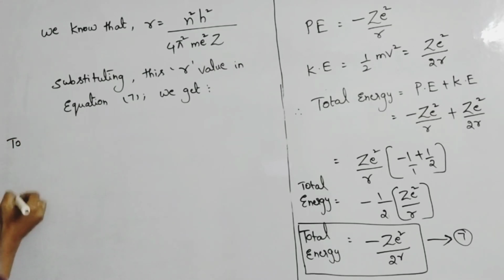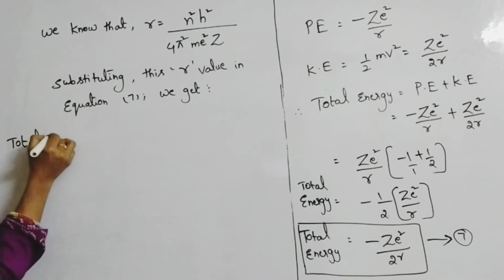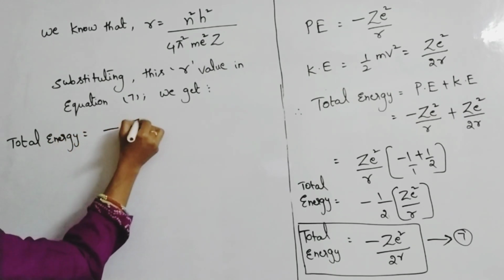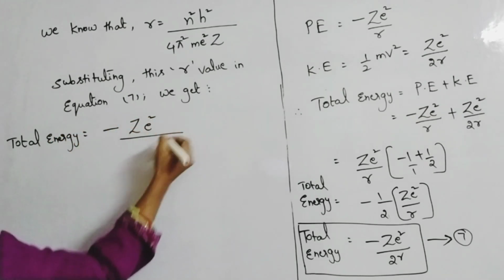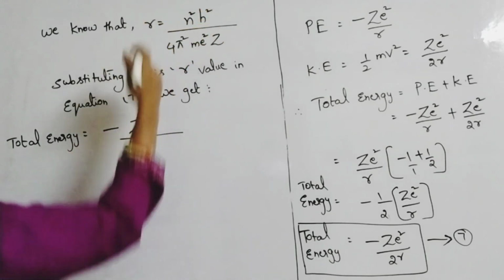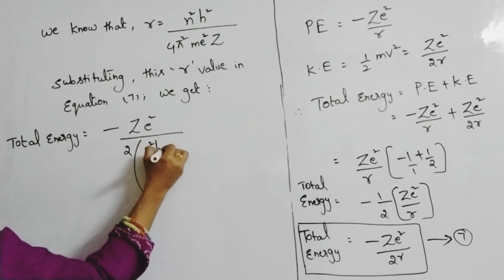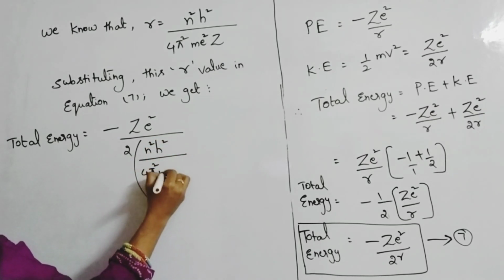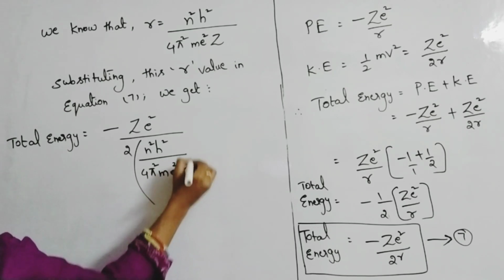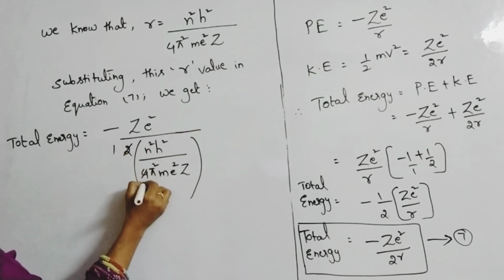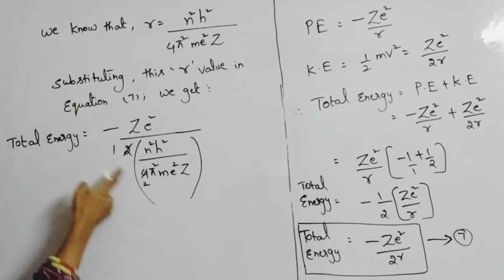Total energy is equal to minus z e square by 2 into, in place of r, this full value, n square h square by 4 pi square m e square z. The 2 and 4 can be reduced.